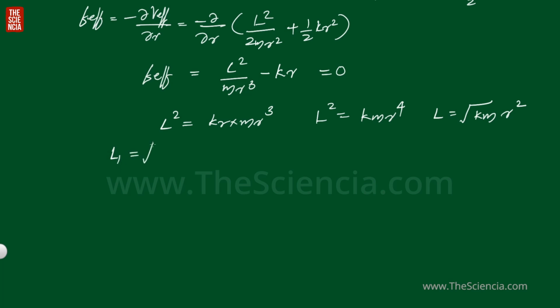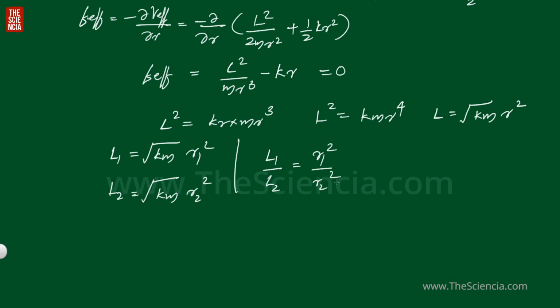So L1 will be root k m r1 square and L2 will be equal to root k m r2 square. Therefore, we get L1 by L2 is equal to r1 square by r2 square. And in the question they have specified L1 by L2 equal to 2, that is equal to r1 square by r2 square. So we get r1 by r2 is equal to root 2.